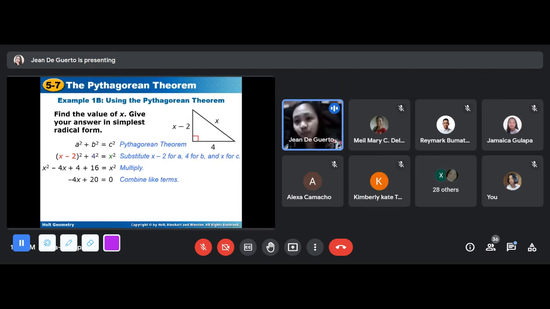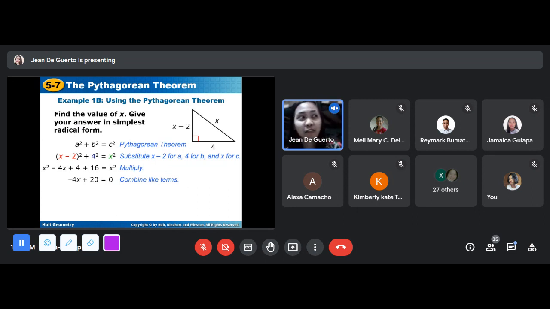But take note, sa math, wala talaga yung term na transposition. Technically, walang ganung term sa math.